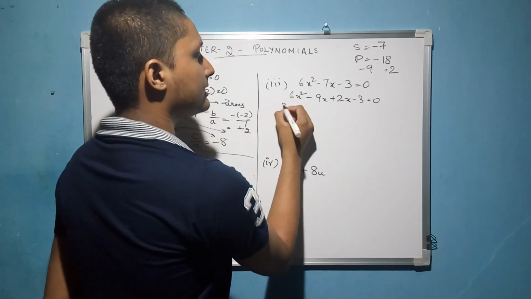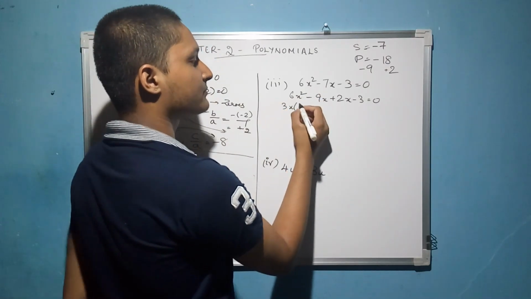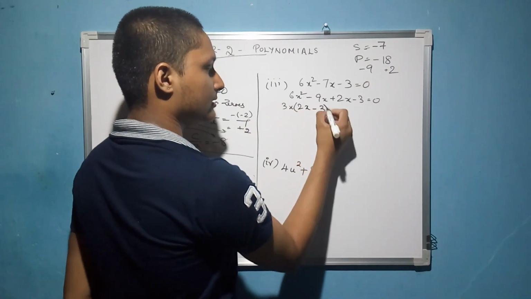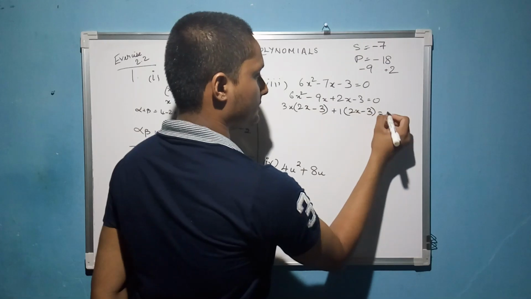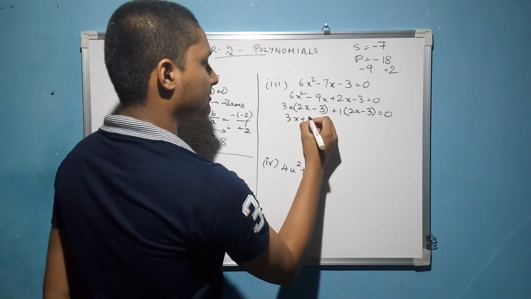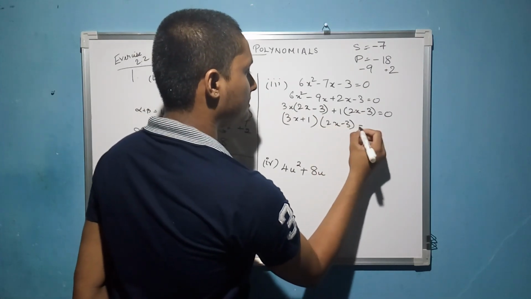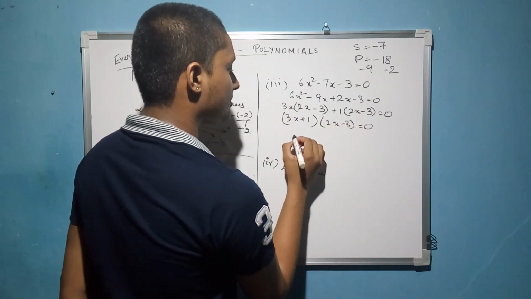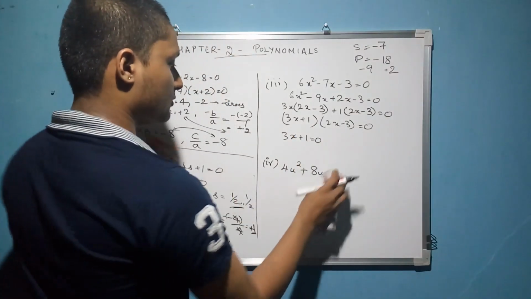So here I need to take 3x common outside, that comes to be 3x into 2x minus 3 plus 1 into 2x minus 3, that is equal to 0. So now you have 3x plus 1 that you are going to take, and 2x minus 3 is common. So you have to get two zeros here, that is 3x plus 1 is equal to 0. Let me wrap this fourth question.